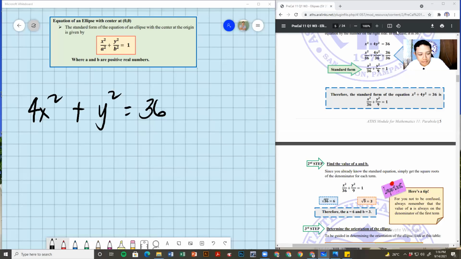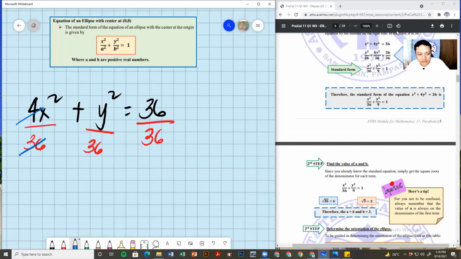So for us to be able to change this to standard form, all we have to do is to divide all the terms by 36 because our goal here is to make our constant, the other side of the equation, equal to 1. 36 and 36. Then all we have to do is to simplify 36 divided by 4, that is 9.